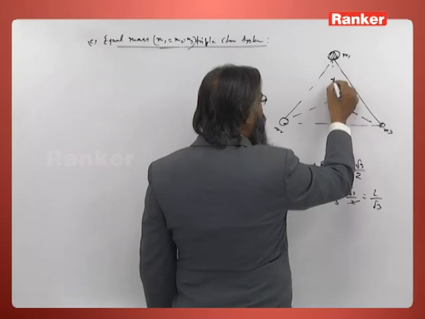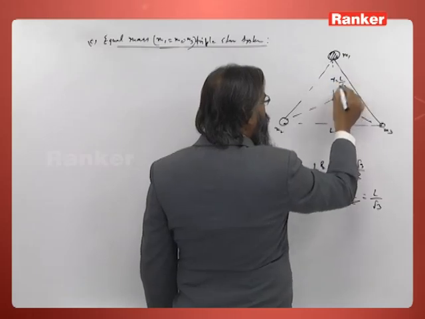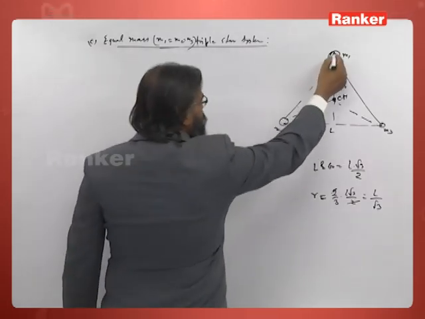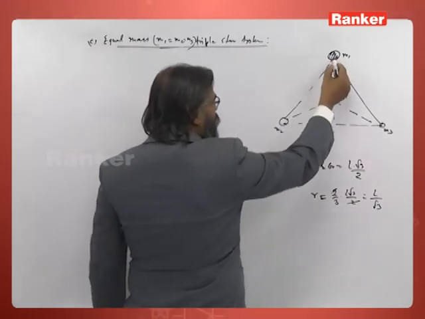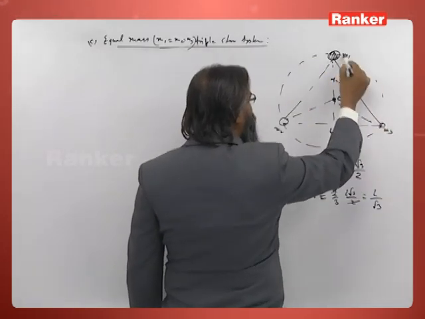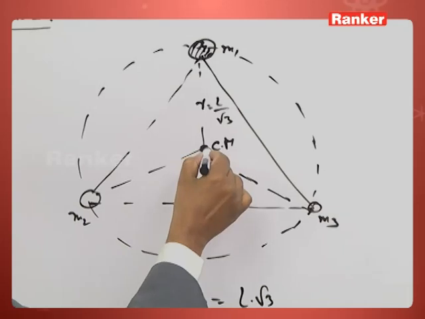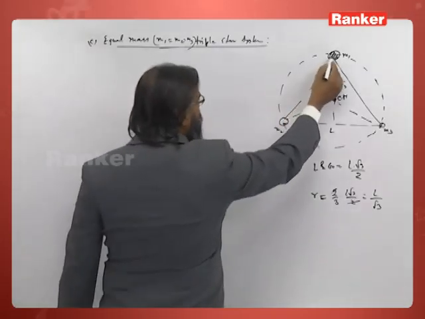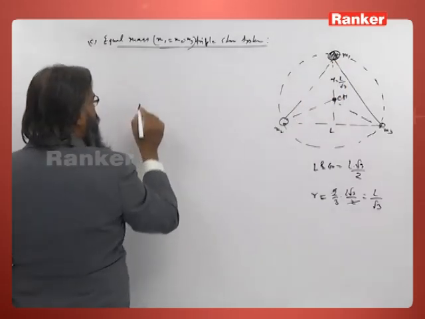So, r is equal to L by root 3. Now, all will rotate on this circular track with the center of mass as the center. So, consider the dynamical equilibrium of m1.